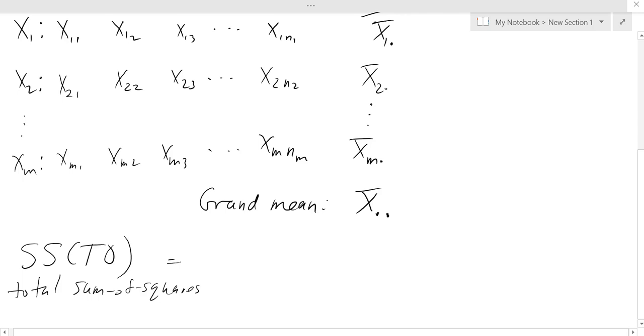So this is the total sum of squares. Basically what we mean is I need to take each of these individual points all the way across and subtract it from the overall sample mean. Okay? So the total sum of squares looks like a double sum, because I'm going to sum across each category.